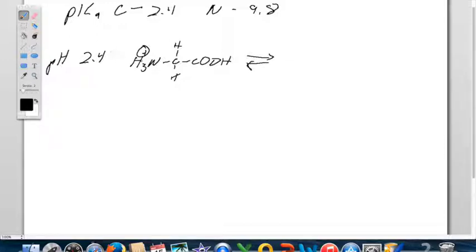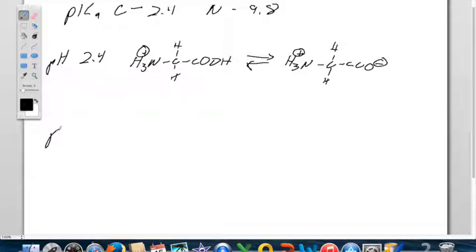And then, since the pH is equal to the pKa for the carboxyl group, 50% of the molecules will have the C terminus, or the carboxyl group, protonated. And the other 50% of the molecules in solution will have the carboxy group deprotonated. So when the pH is equal to the pKa for the carboxy group, 2.4, all of the amino groups will be protonated because the pH is well below the pKa for the amino group. 50% of the molecules will have the carboxy group protonated. 50% of the glycines will have the carboxy group deprotonated.